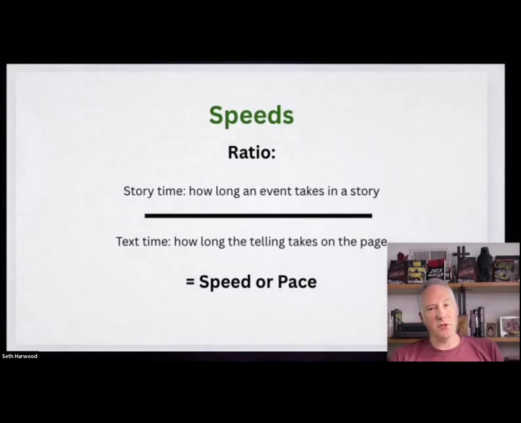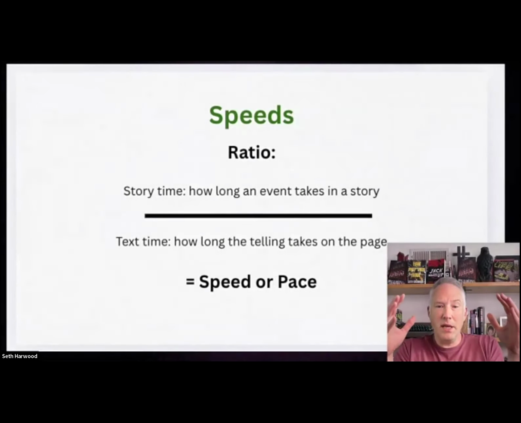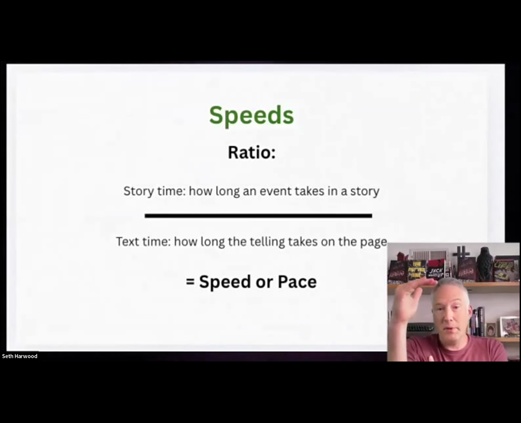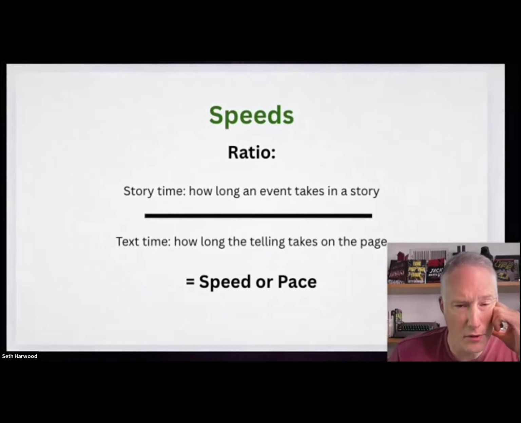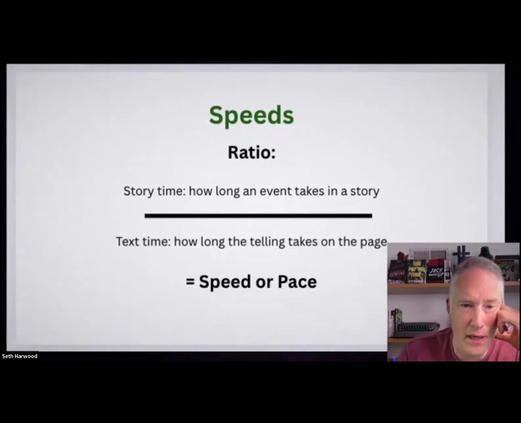Basically, the story time, 7 minutes, divided by the text time: if I do 7 minutes in 2 sentences, it's a really big number over a very small number. So that's going to be a really fast, high level of speed or pace. And if I do 7 minutes over 2 pages or 7 pages, the number is going to be a lot smaller. So we're just thinking about speed or pace going up and down.